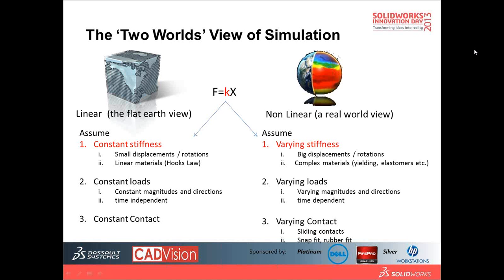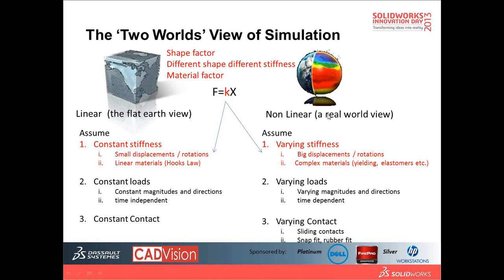So what do we mean by constant stiffness and varying stiffness? Or to be precise, when does the stiffness change? Right? There are two factors. First of all is the shape factor. Different shapes have different stiffness. The other one is the material factor.